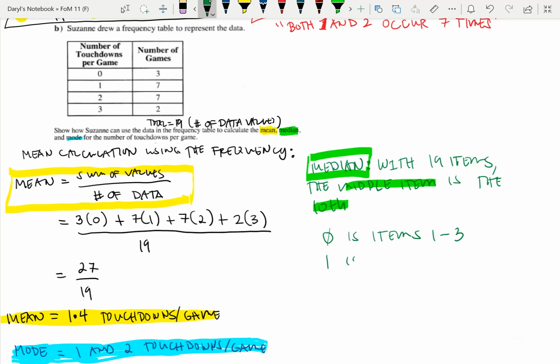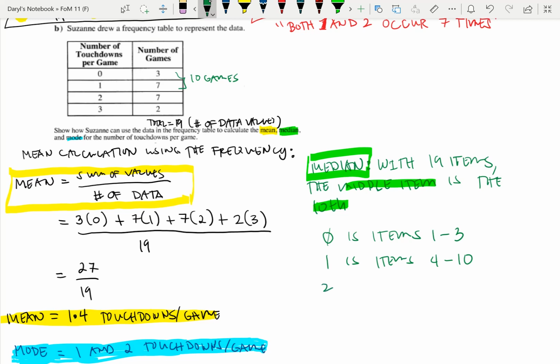So 1 is items 4 to 10. Because if you can see here from your table, 3 plus 7 is 10 games.